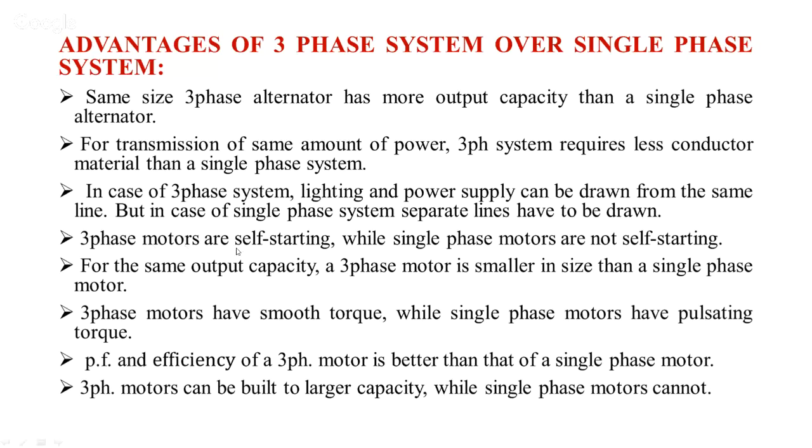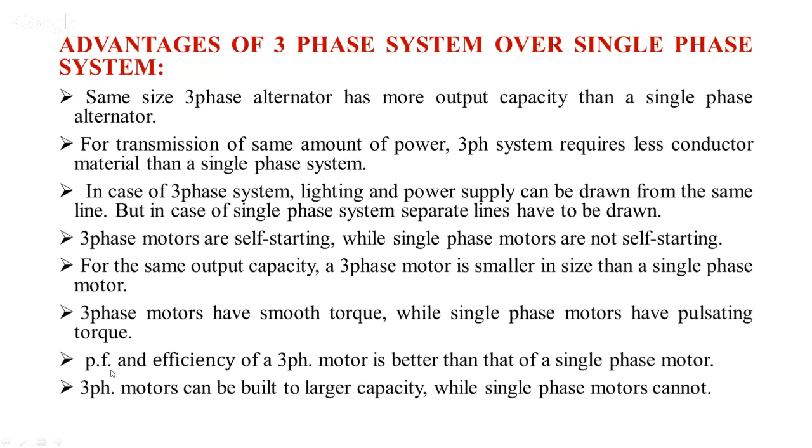Three-phase motors are self-starting, while single-phase motors are not self-starting. For the same output capacity, a three-phase motor is smaller in size than a single-phase motor. Three-phase motors have smooth torque, while single-phase motors have pulsating torque.